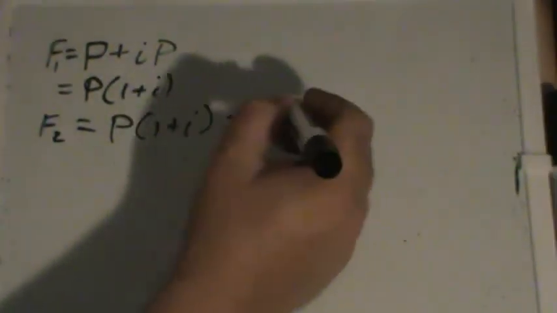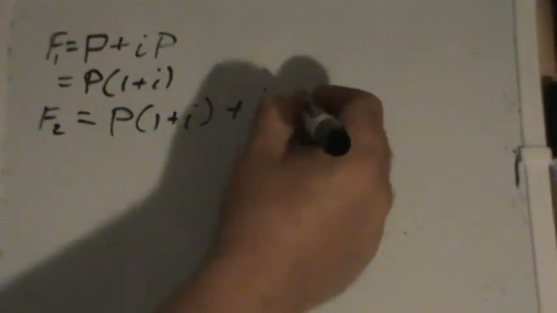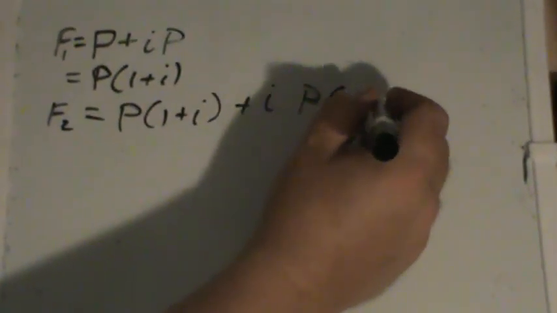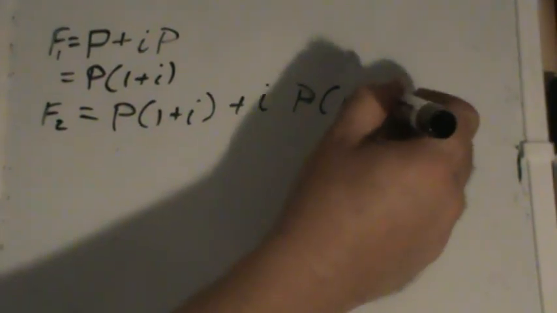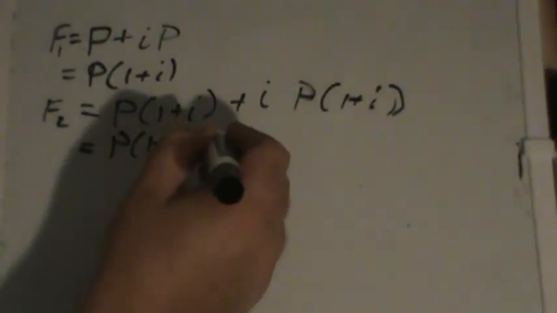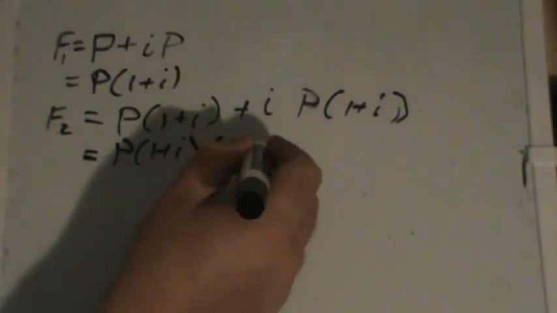So next time you pay, you have this as your base. Now if this is 1 year into the future, then for the future worth 2 years into the future, I have my 1 year into the future amount, plus I have to pay interest on my principal, which is now P(1 plus I). I have a new principal value in there. So when I do this, P(1 plus I) is common, and I've got 1 here and an I here, so I pull it out and I get P(1 plus I) times (1 plus I).